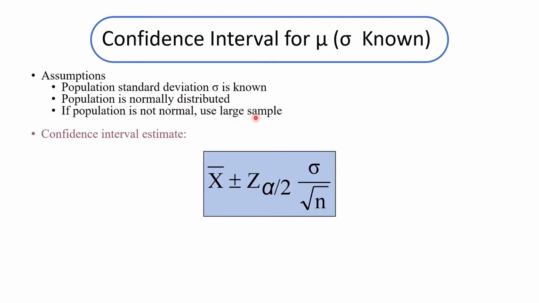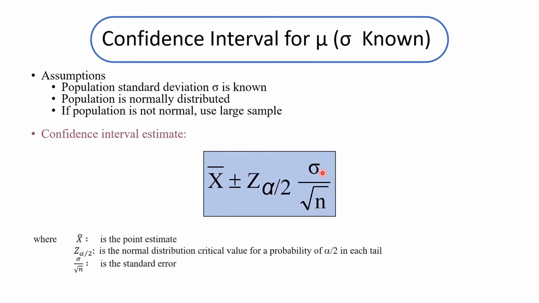So the confidence interval estimate is for population mean mu, and that is given by x bar, that is your sample statistic, or in other words your point estimate, plus or minus z alpha over 2, right? This is your critical value times your sampling error, which is given by sigma over root n.